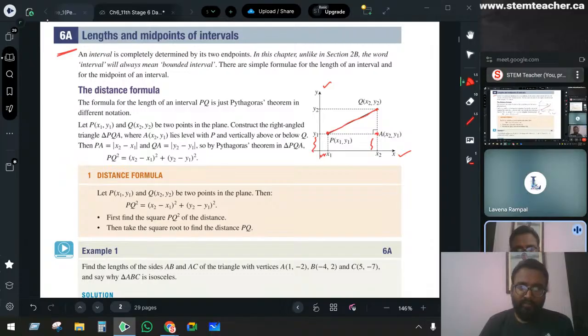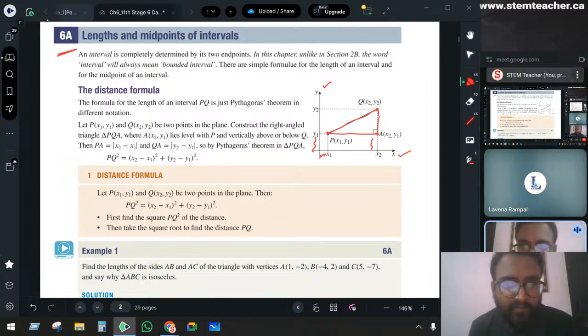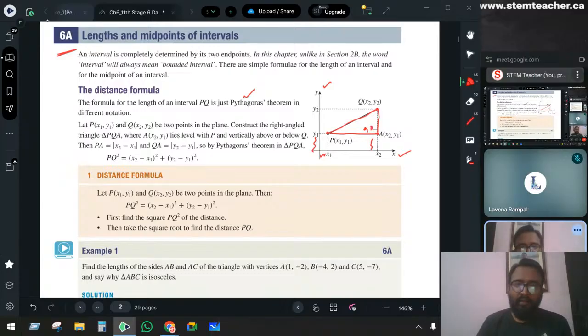That is said to be a line segment, and easily we can see this is a right angle triangle, and in the right angle triangle we have the Pythagoras theorem. So this is 90 degrees. Opposite to 90, whatever is there, it will be the hypotenuse, and the rest are two sides, and you can consider anything as base. And here we have the PQ distance.